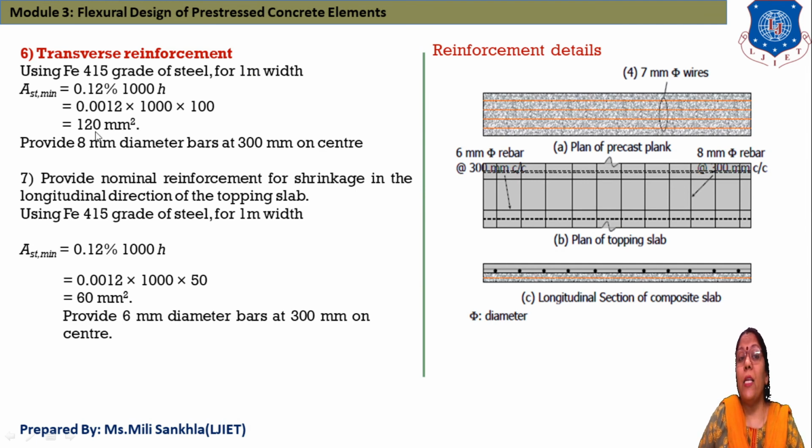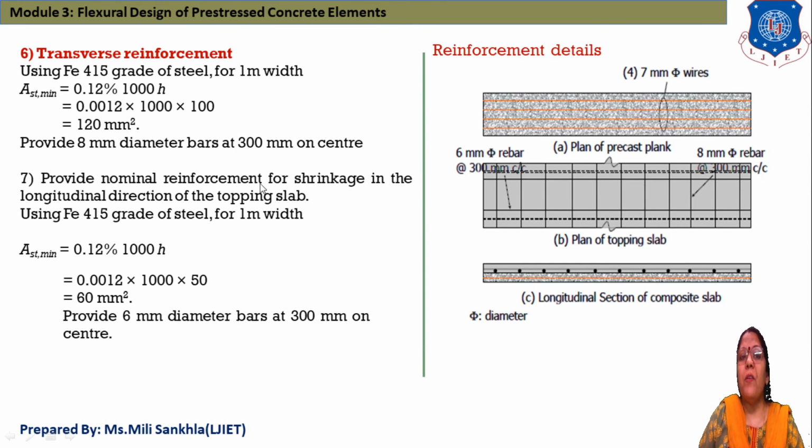Now the area is 120 mm squared. According to this equation we find the area, that is 120 mm squared, and for 120 mm squared we provided 8 mm diameter bars at 300 mm center to center distance.